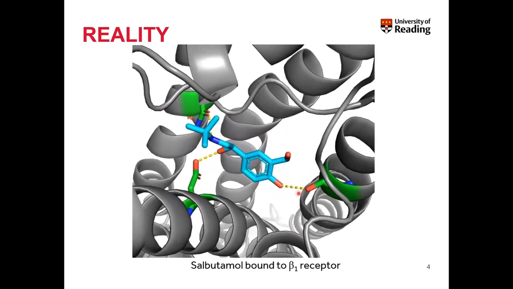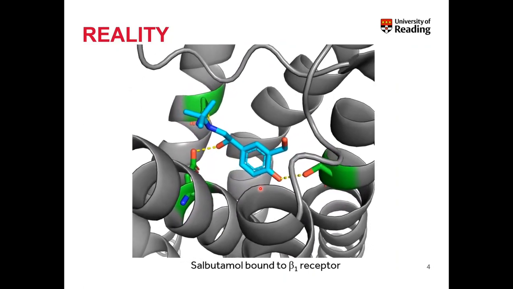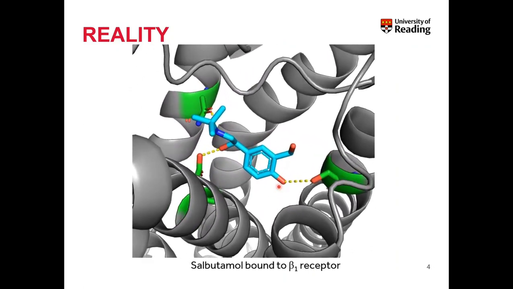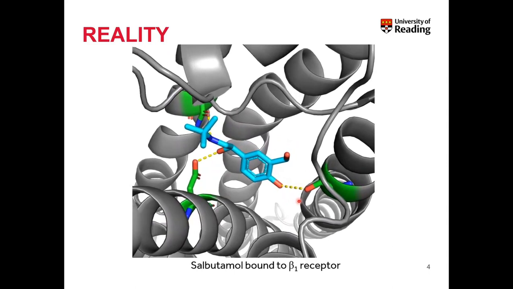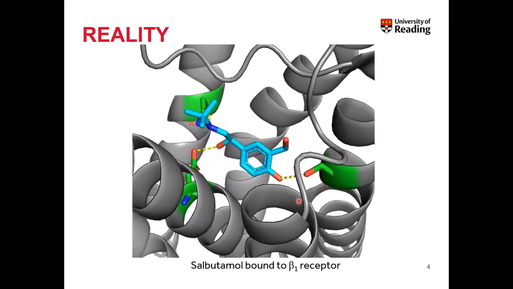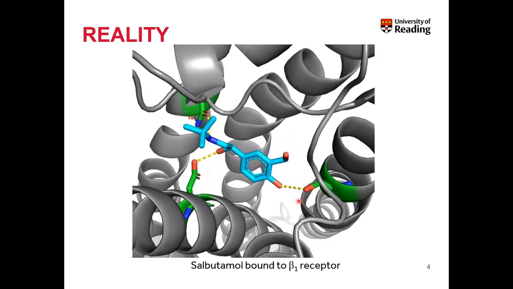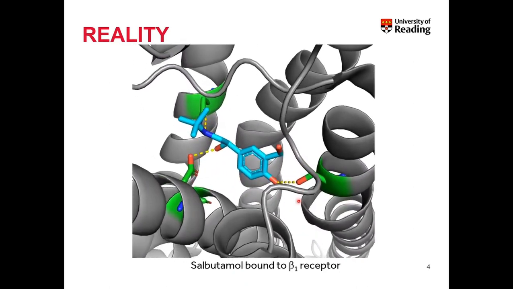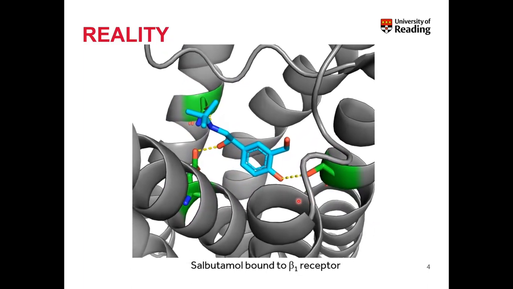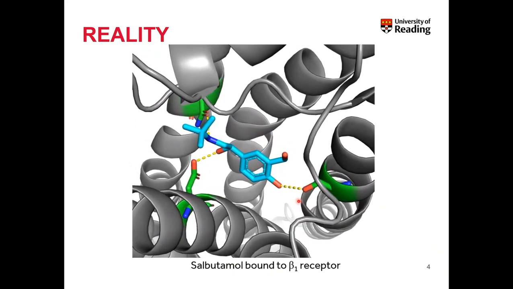These indicate interactions between functional groups on the salbutamol molecule and the receptor. For example, here we have a hydrogen bond. We're going to have a look at several different types of interaction and what each of these do and why each of these are important. And we'll be doing that in this course so that you can then understand images like this once you reach part 2.